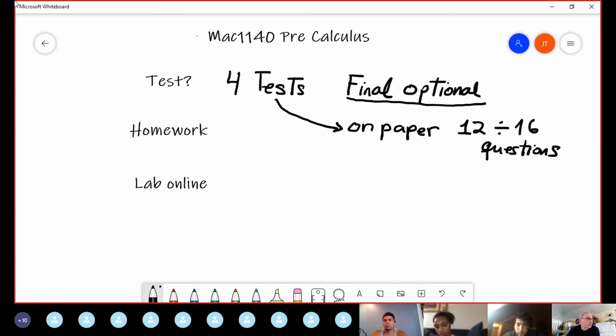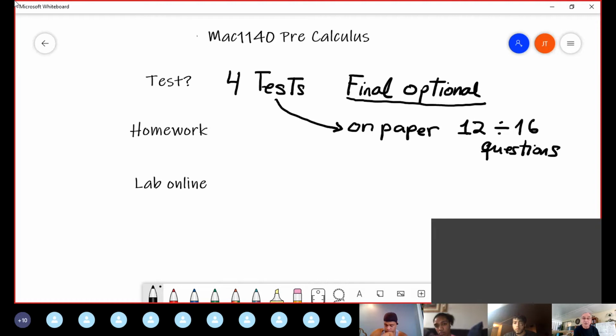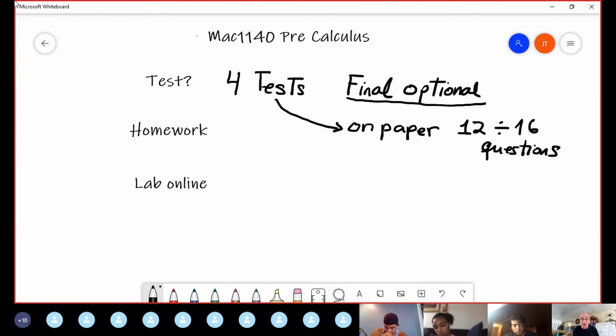Normally, suppose the test is on September 24. Let me see in the calendar. I send it through email. In the same email, I send the link to connect that day. I send the test on paper.